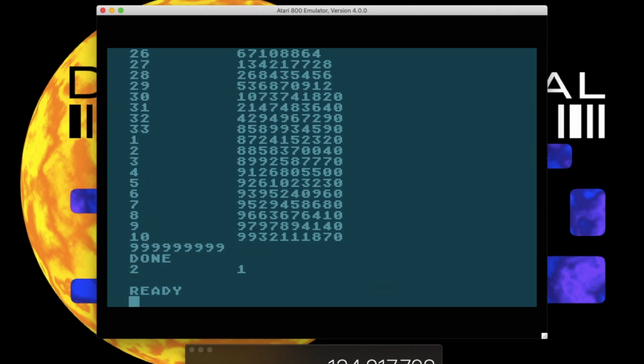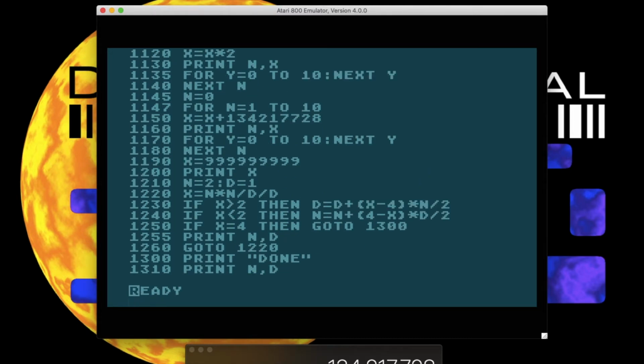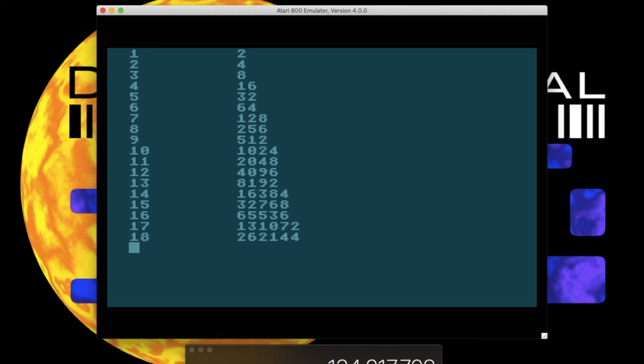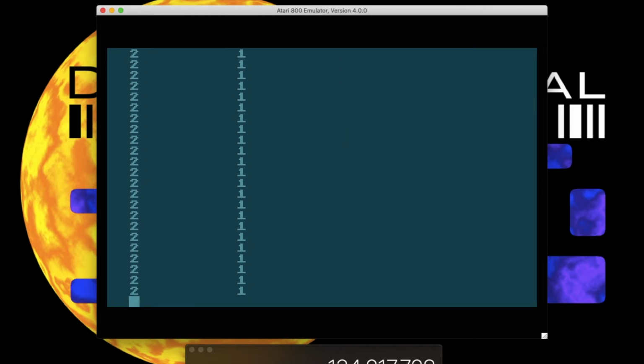It doesn't like it. It just did it right off the bat. That's not the square root. Oh, it shouldn't be 4 there. It should be 2 here. Oh, it's not going anywhere. How come it's not going anywhere?